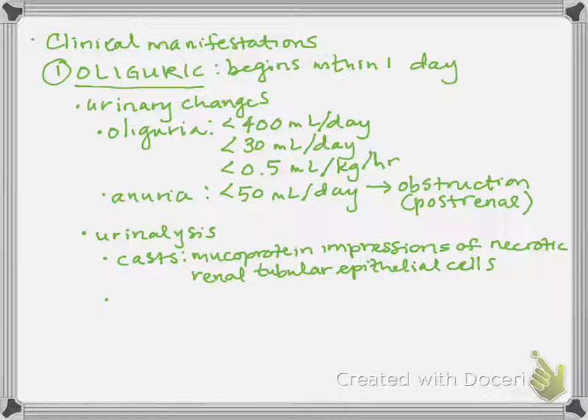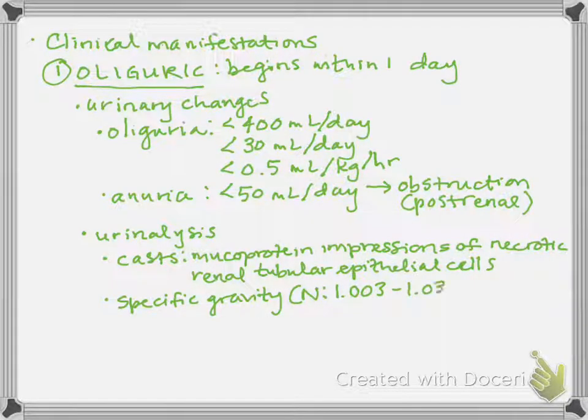Another indication that a patient may be in the oliguric phase is the specific gravity. So normally specific gravity is 1.003 to 1.030. So normal 1.003 to 1.030.